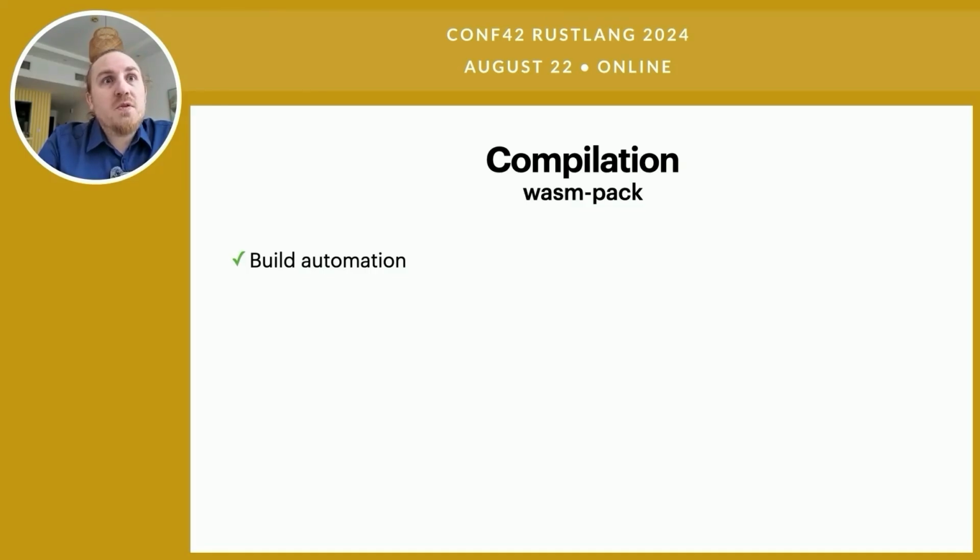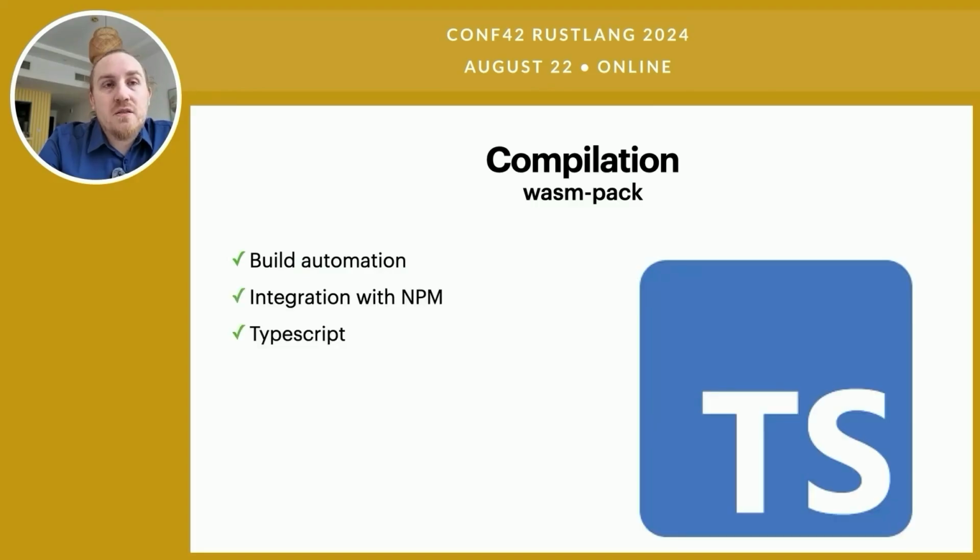Simplified build process: wasm-pack automates the process of building and linking Rust code into WebAssembly, simplifying development and reducing bugs. Generating npm-compatible packages makes it easy to distribute and use WebAssembly modules in JavaScript projects. It automatically generates TypeScript types for exported functions, which eases integration and improves type-driven development.